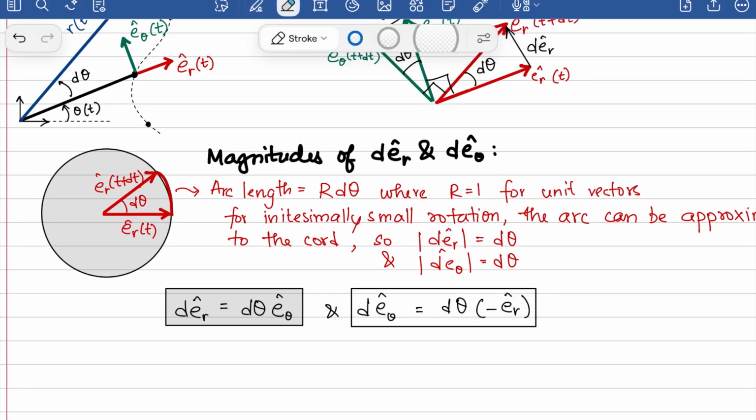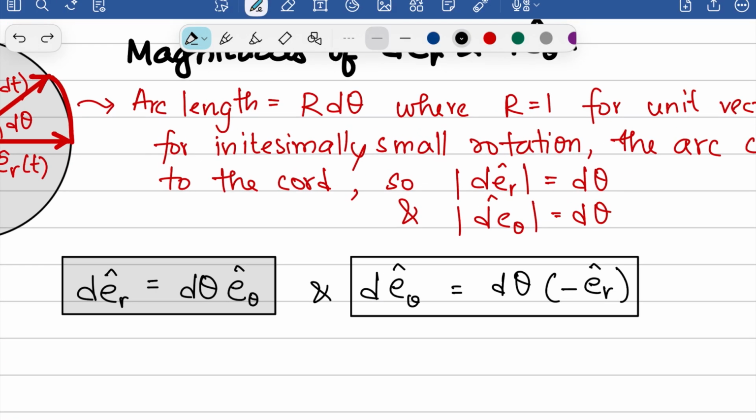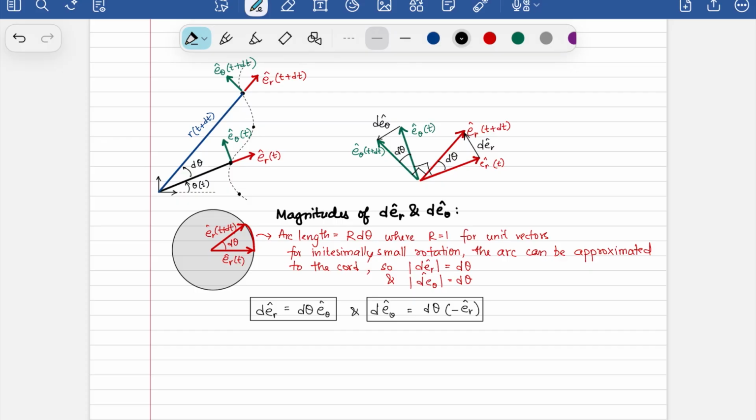And let's now apply this to find out how we can differentiate the position vector given by r is equal to r er hat, right? But this here was a scalar, and this here was a rotating unit vector.